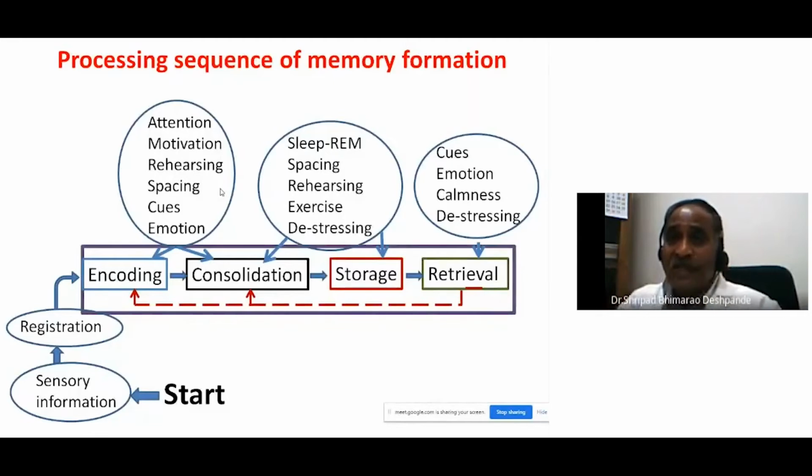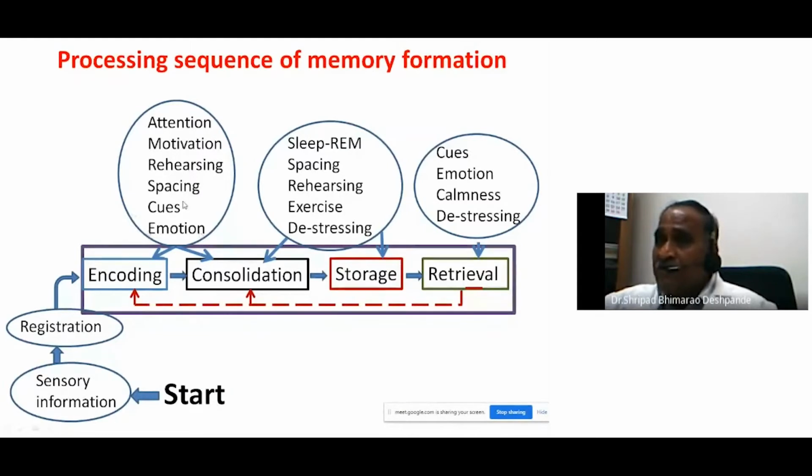If it is emotionally involved, if the amygdala is involved, you remember that learning forever, because whenever that type of emotion comes, it is easy to recall. These two components, especially cues and emotions, are essential when you want to retrieve memories.